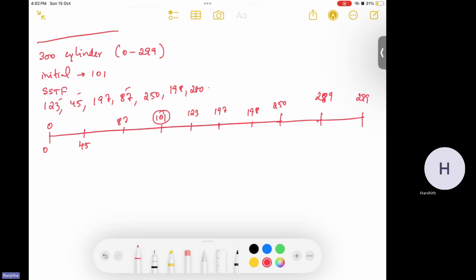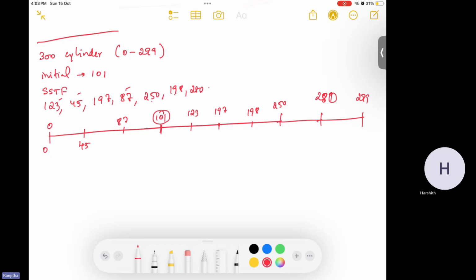Okay. So 101 is where the current head is.